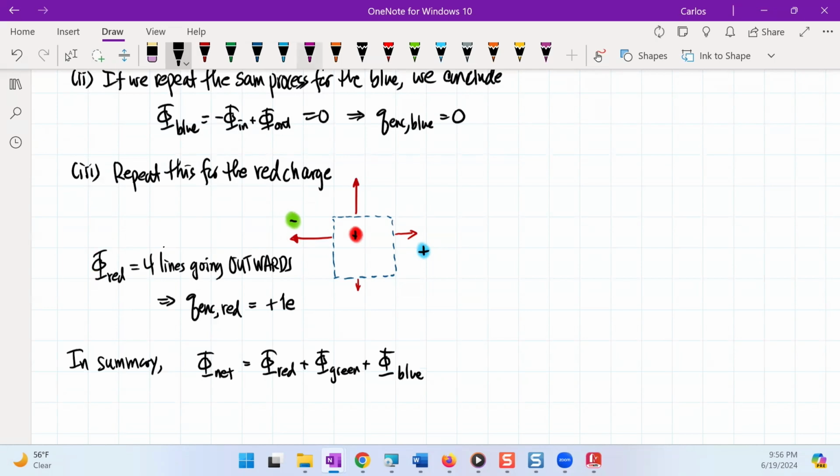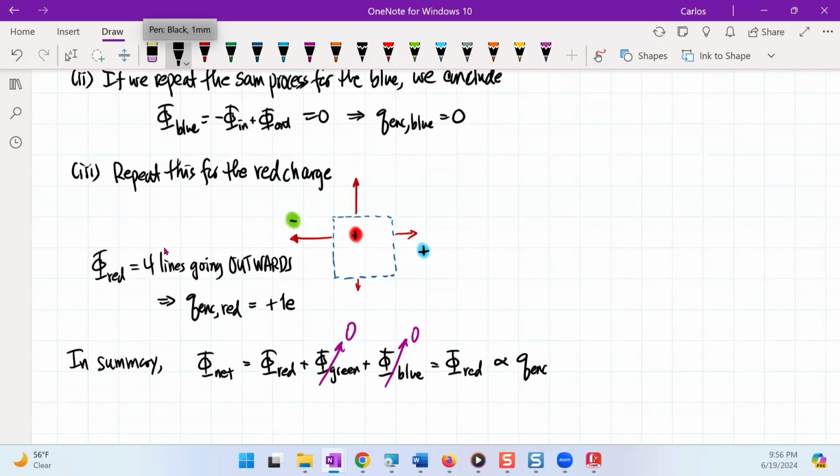But in each of these situations, the flux does not depend on those at all because they're external. This is only the flux due to the red charge.